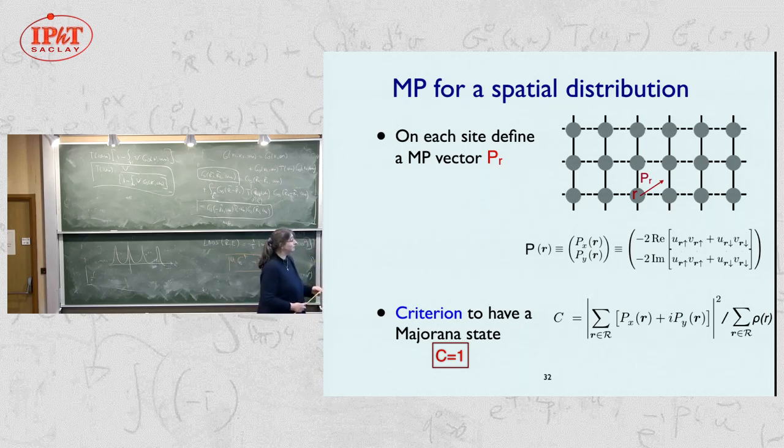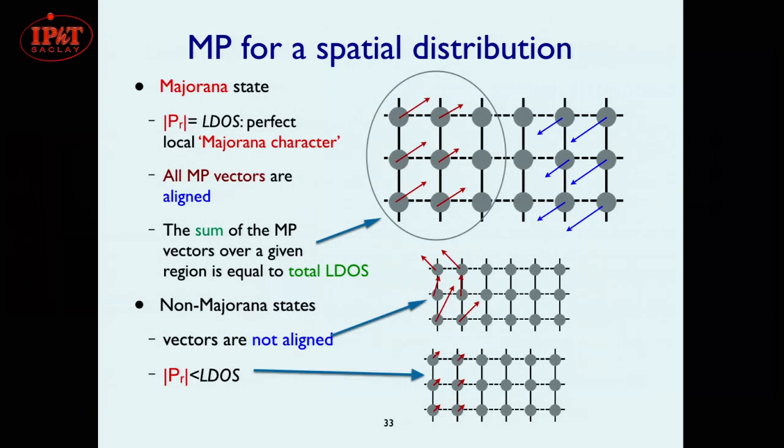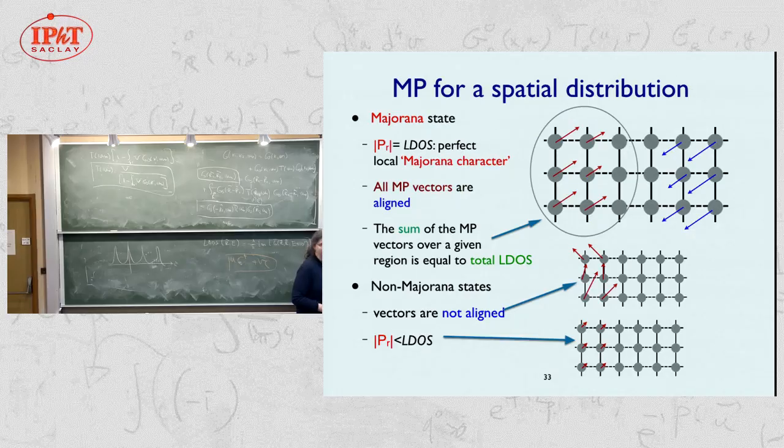And the criterion to have a Majorana state, and this is important, is that the sum of all the Majorana vectors in a given region is going to be equal to the sum of the density of states in a given region. So it's not enough to have locally that the Majorana polarization is 1, so it's maximal, and it's not even 1 in a spatial distribution.